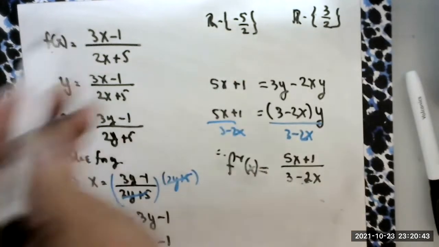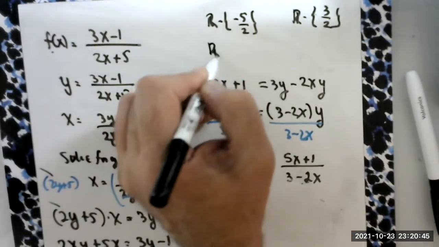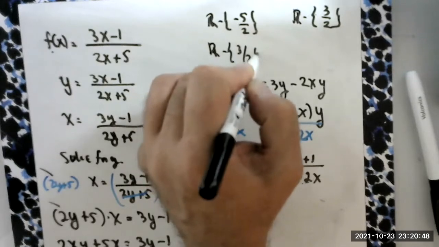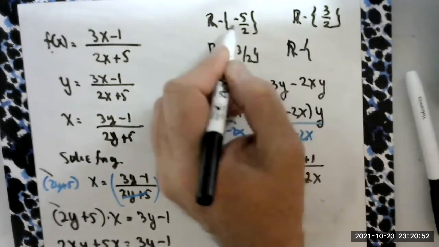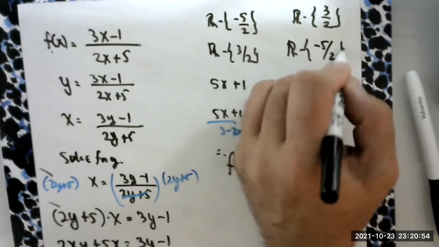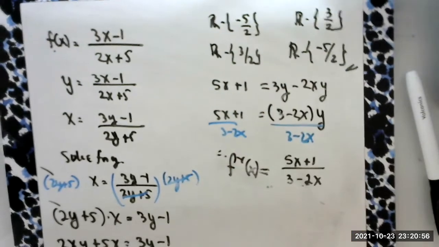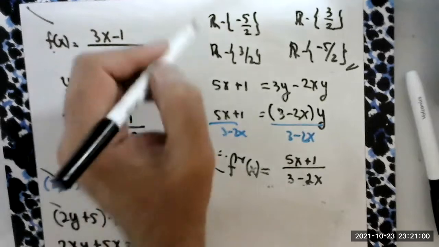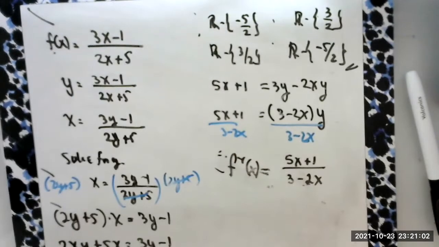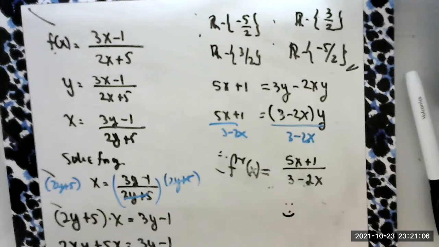Of course, the range of the original will be all real numbers except 3/2. The range of the inverse will be all real numbers except -5/2. And we are done. Given the original, we found its inverse and the domain and range for both functions. Fini.